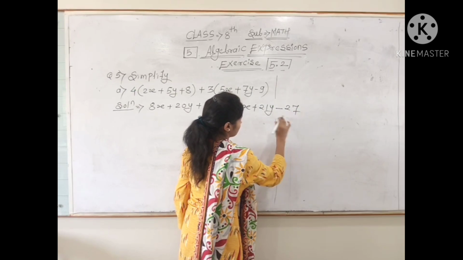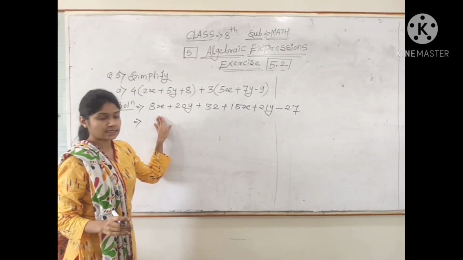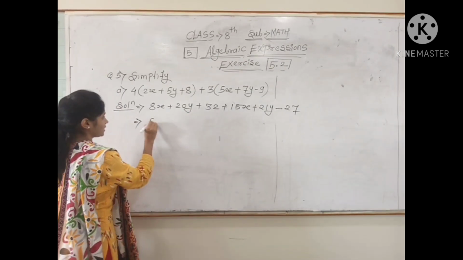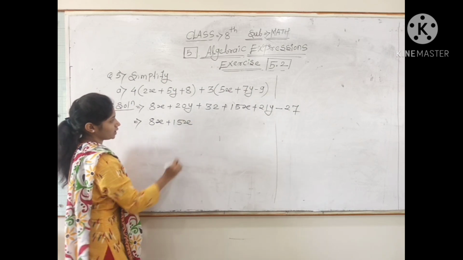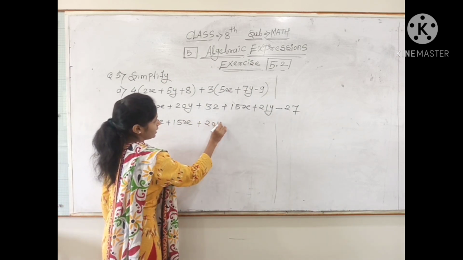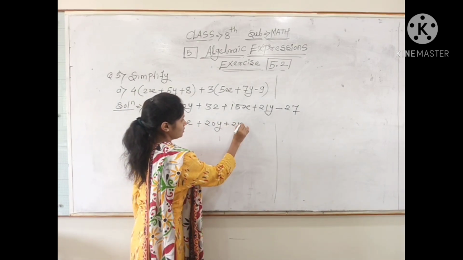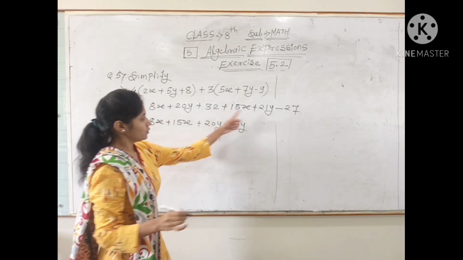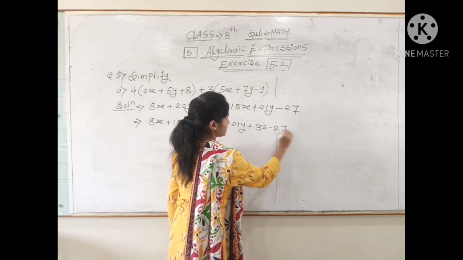Okay. Now 8x and 15x are like terms, so you have to combine them: 8x plus 15x. Plus 20y and 21y are like terms: 20y plus 21y. Now 32 minus 27. Okay.